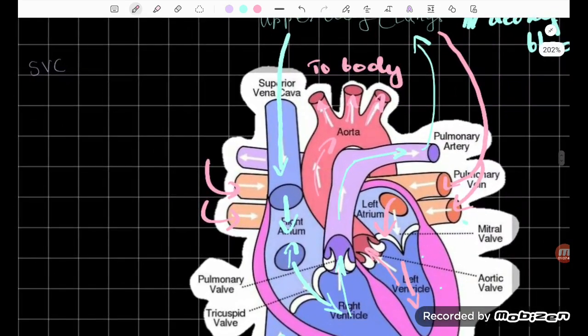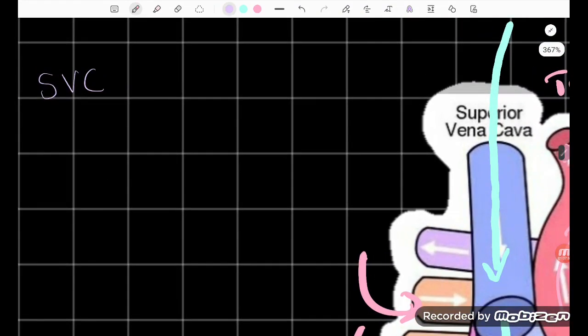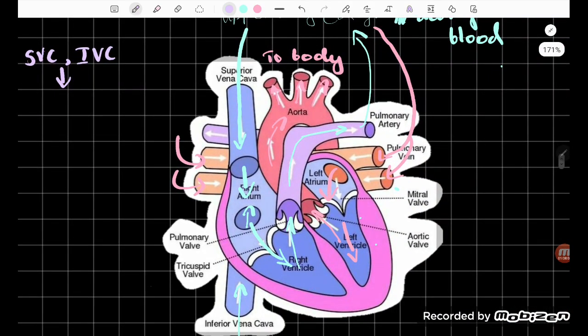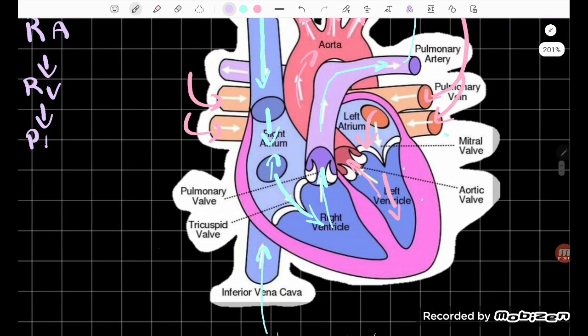So let me write down the sequence here. Superior vena cava, comma, inferior vena cava, both of these give into the right atrium, from right atrium to right ventricle to pulmonary artery to lungs.